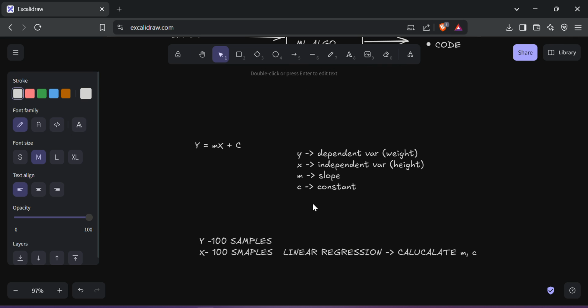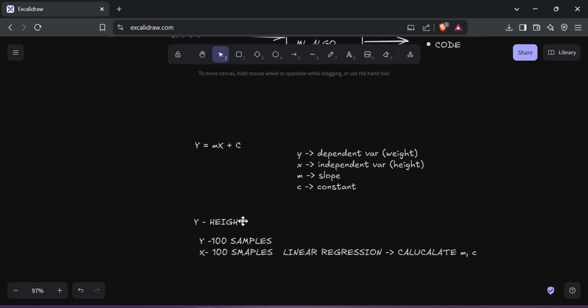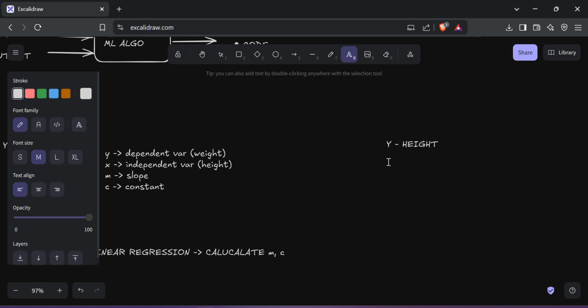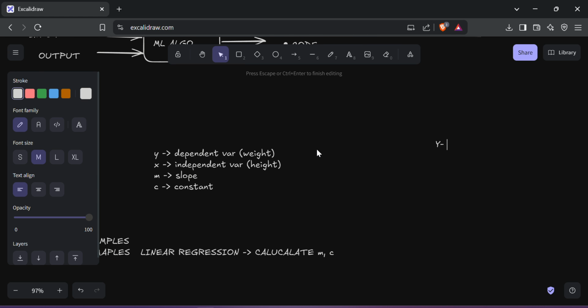Let us suppose you have y equals mx plus c. You know this is the equation of a line. Let us suppose y is height and x is weight.